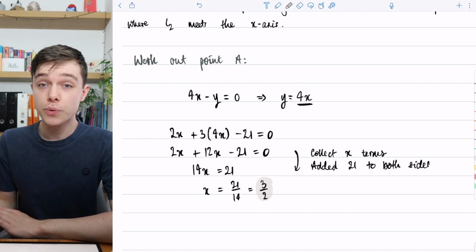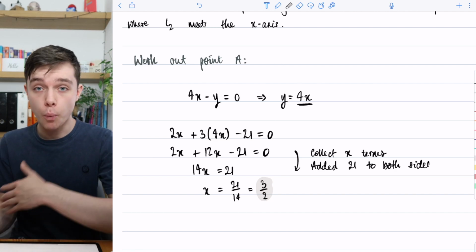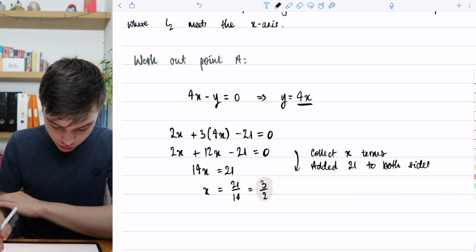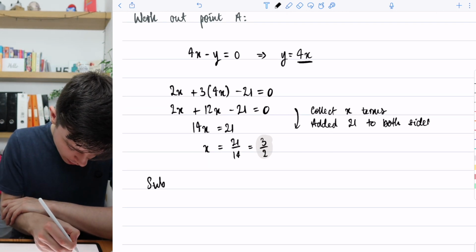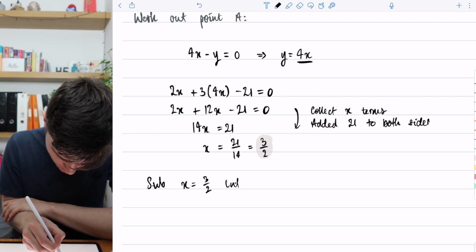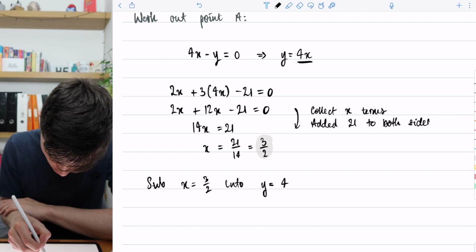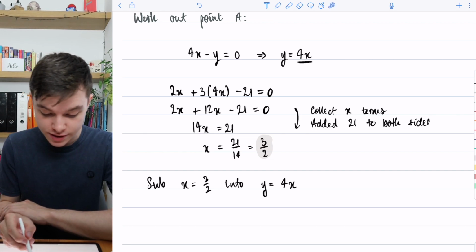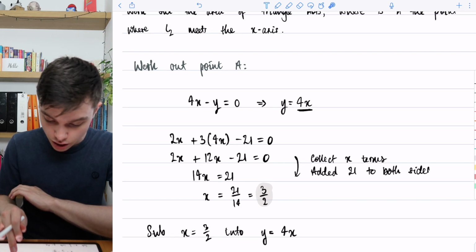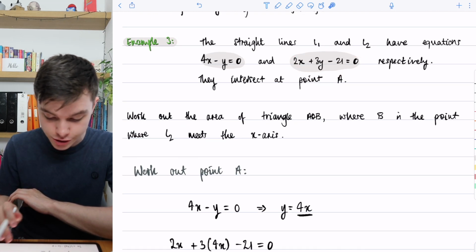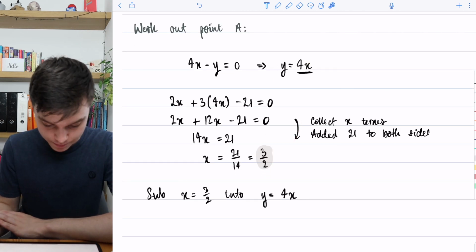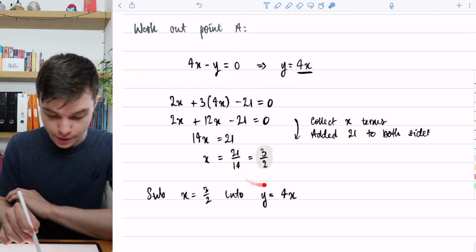Then all we need to do is work out the y coordinate at point A. To do that, I'm going to substitute that value of x, 3 over 2, into y is equal to 4x. We're solving simultaneously with this equation, so we can just substitute x into there to work out the y value at A, because this is the x value at A.